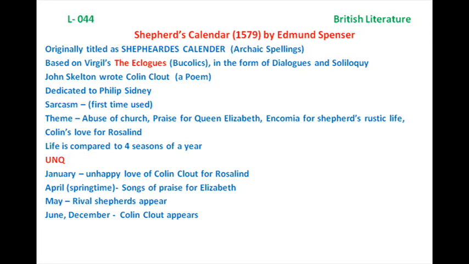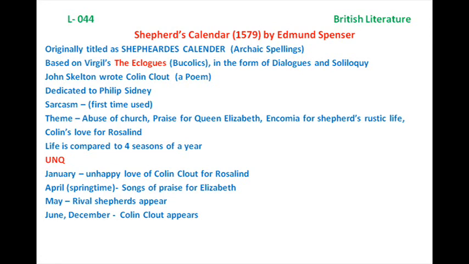The name of the shepherd is Colin Clout, and this character comes from the poetry of John Skelton. He is also a 16th century poet. And then in this poem the shepherd is representing Sir Geoffrey Chaucer, and this poem is dedicated to Sir Philip Sidney.